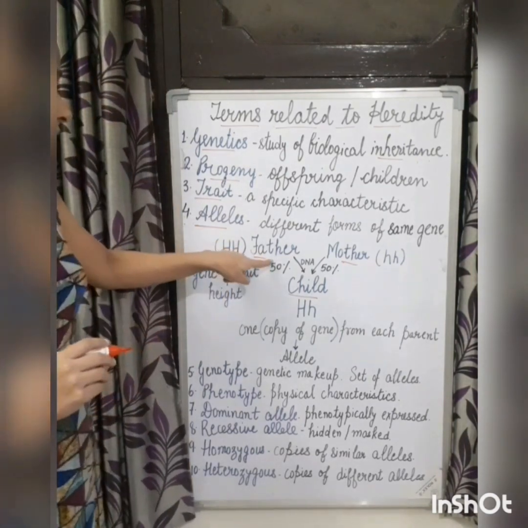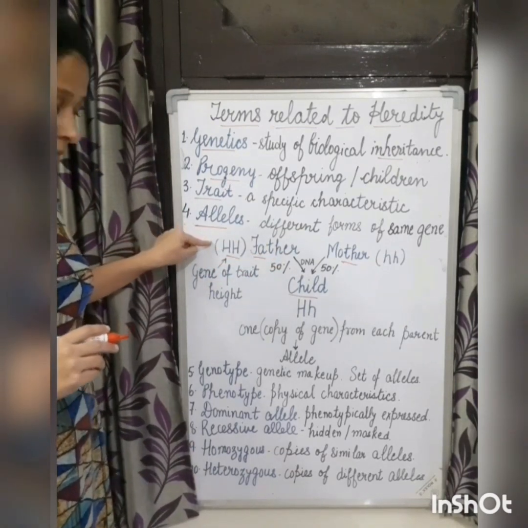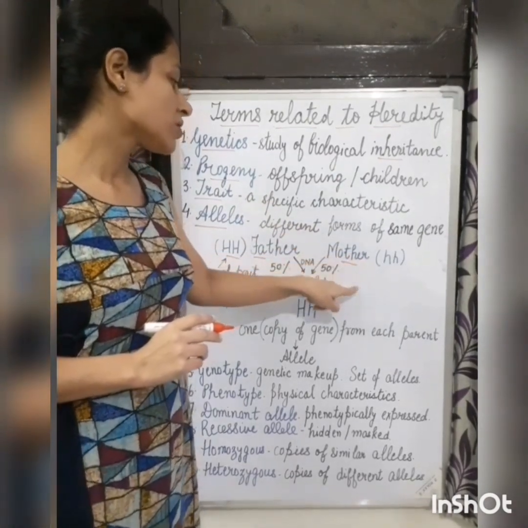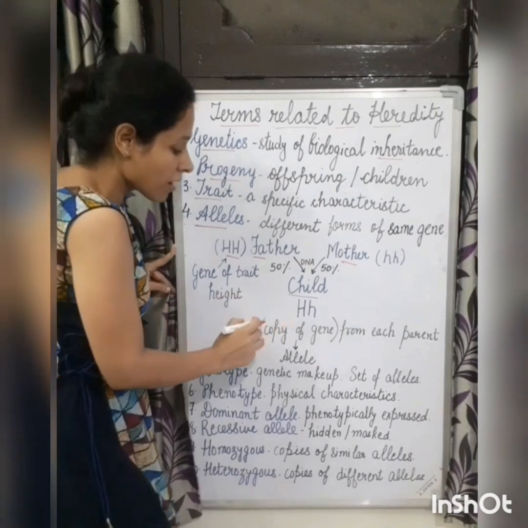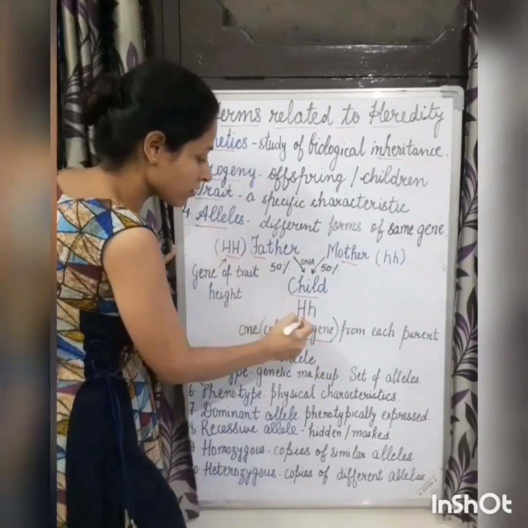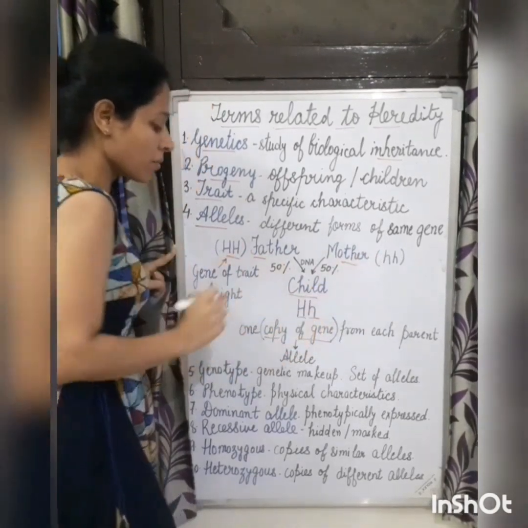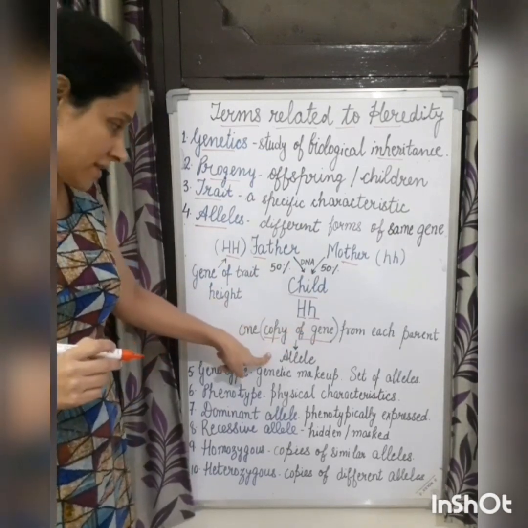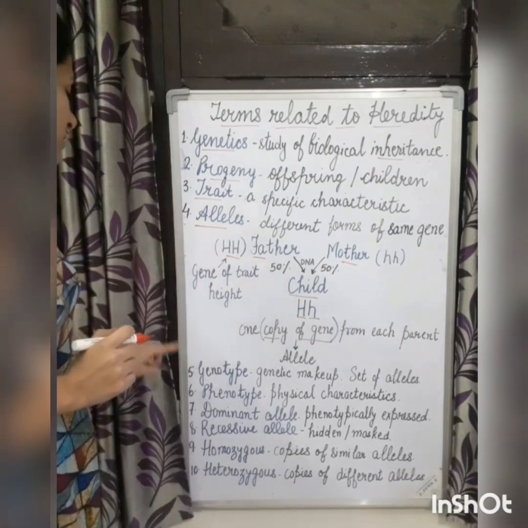We are considering the father to be tall, so his gene can be represented by capital H, and the mother to be short, whose gene can be represented by small h. So the child will receive one copy of the gene from both the parents, that is here one capital H from the father and one small h from the mother. So these copies of the gene are called alleles. Alleles are represented by alphabets.